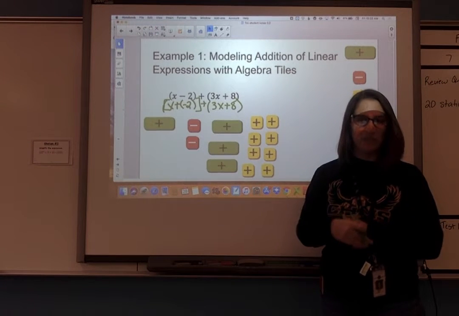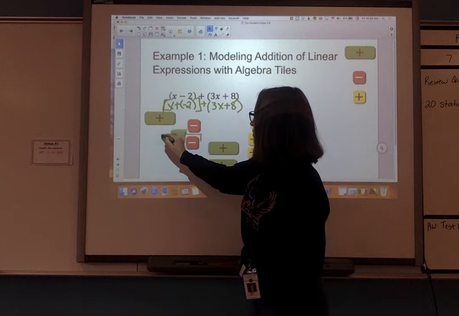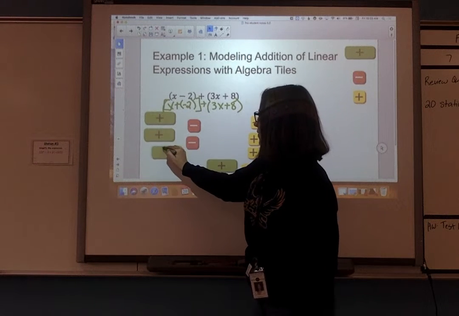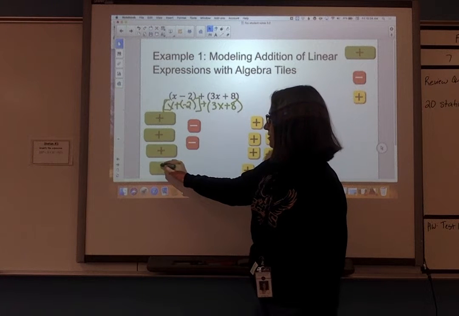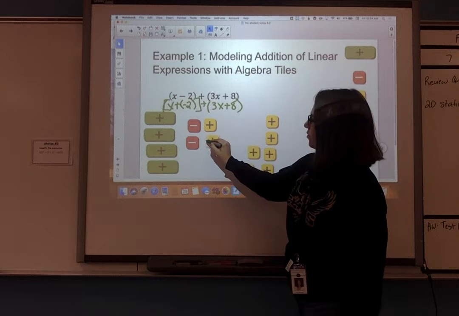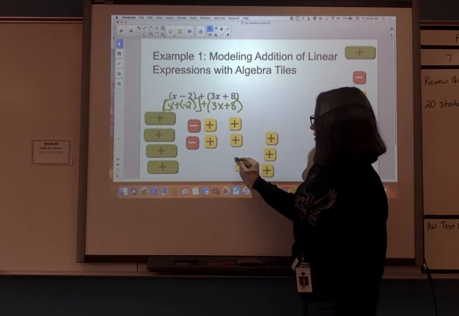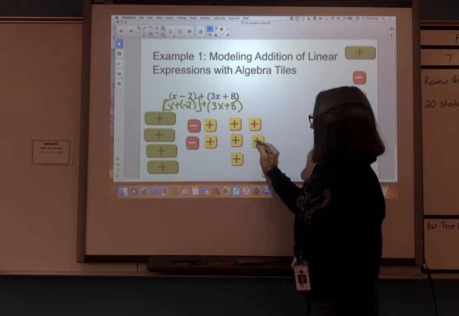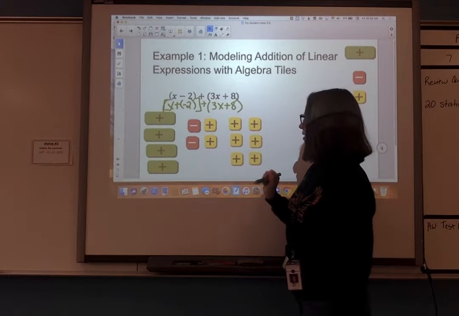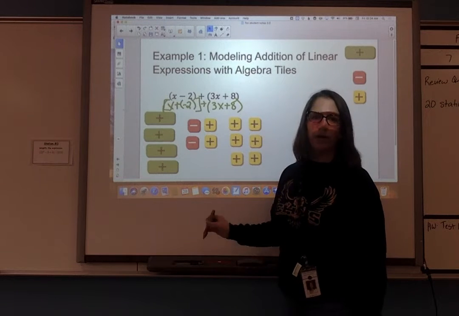Now I just need to simplify it. So I'm going to combine our like terms. I'm going to take these x's and put them all together so I can see that in total I have 4 x's. And then I'm going to move these over. I'm going to move one positive with each of those negatives because just like when we did integers, we can see that we have some 0 pairs here.